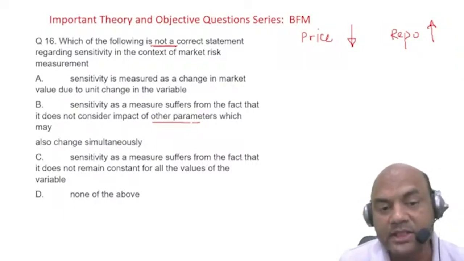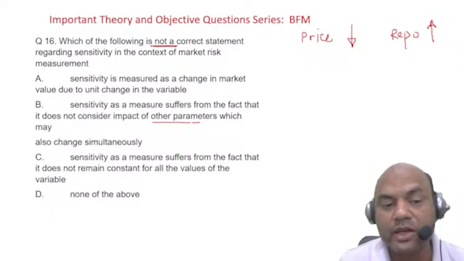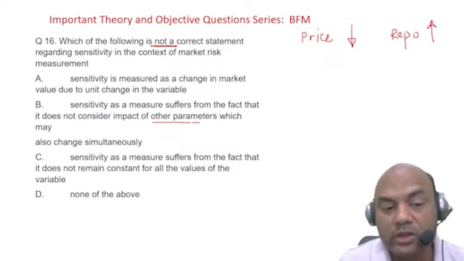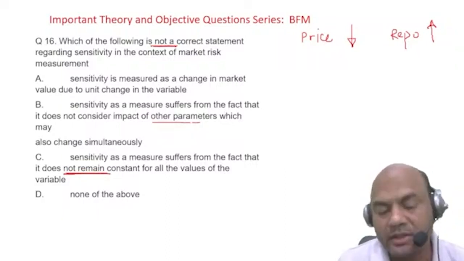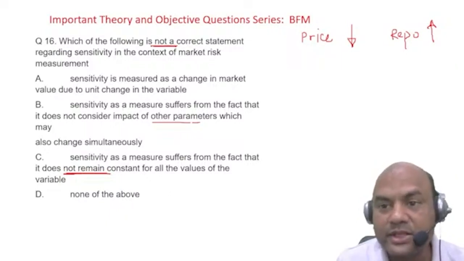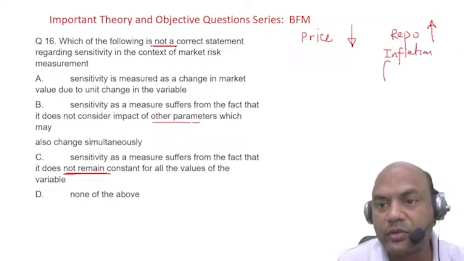C. Sensitivity as a measure suffers from the fact that it does not remain constant for all the values of the variable. What do you mean by this? Let's focus on the values. Just now what did I tell you? One is repo, second is inflation, third is, let's say, forex reserves with RBI.